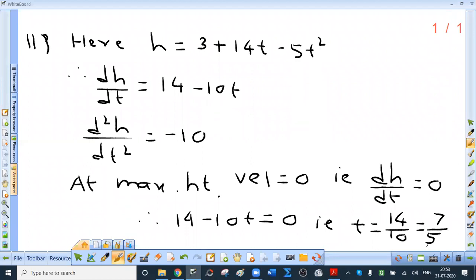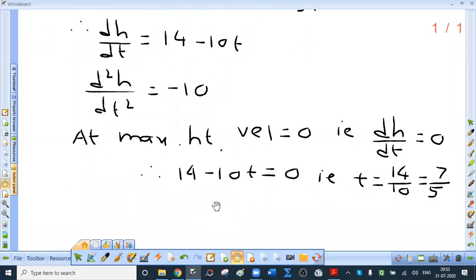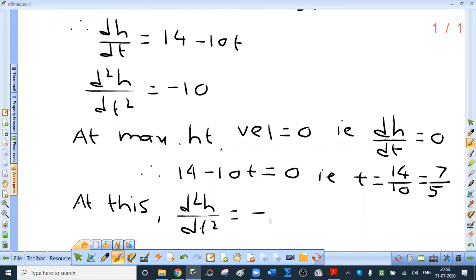Now check whether second derivative at this point is positive or negative. So at this point, d2h by dt square is what? Minus 10, less than 0.